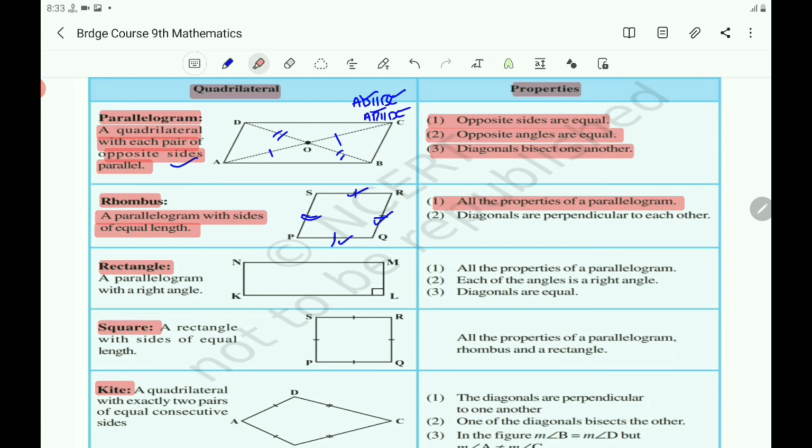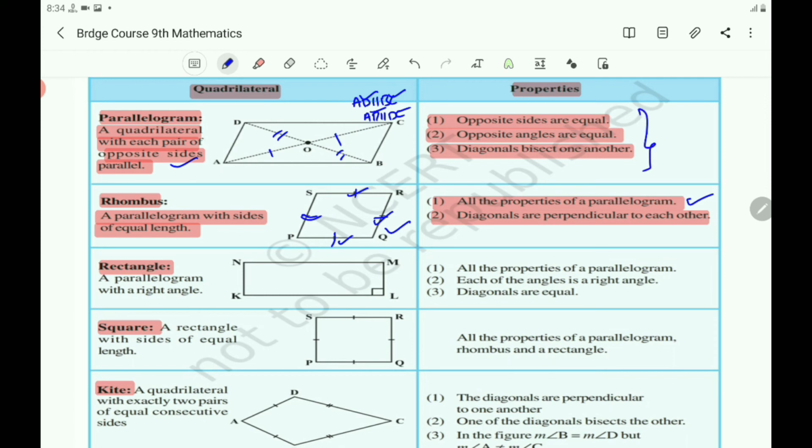Opposite sides are equal, opposite sides are parallel, opposite angles are equal, diagonals bisect each other.